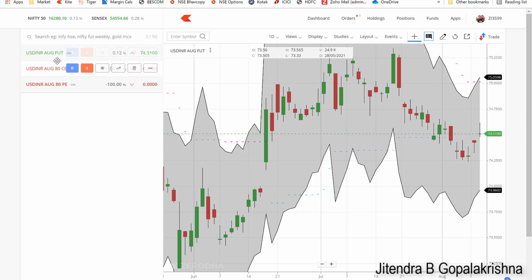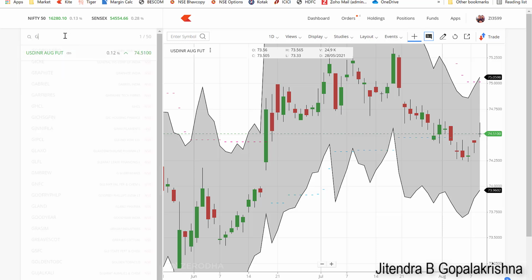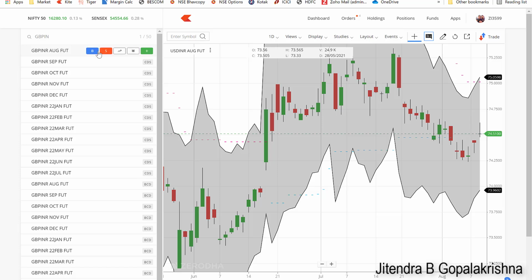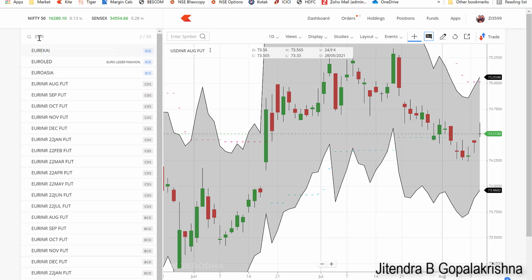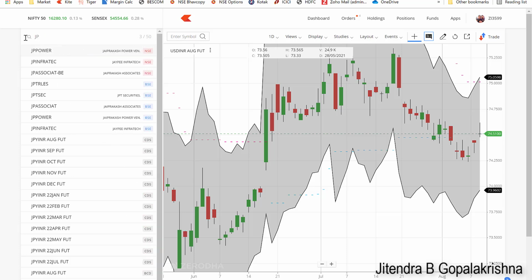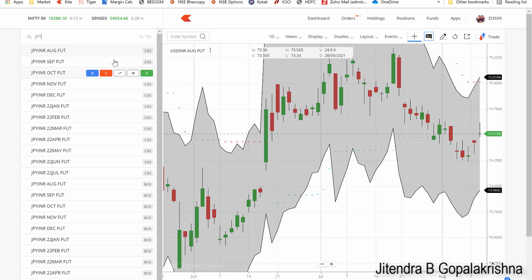So we have USD INR, then GBP INR, then Euro INR, and then Japanese yen and INR. Look at that.